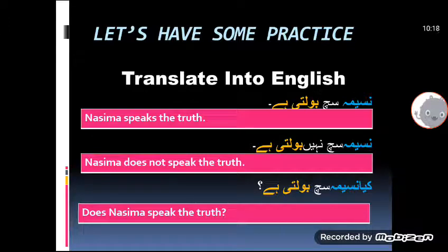And does Nasima speak the truth? Clear? So keep it in your mind: formation and rules of use of do and does, and use of s or es. You need to keep in your mind these three things. You should know the formation, the use of do and does, and the use of s and es.